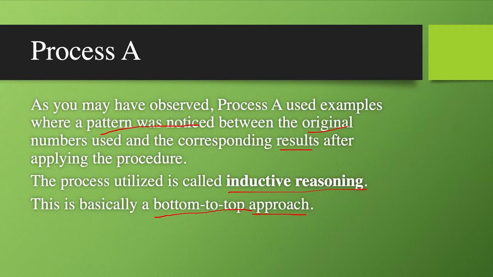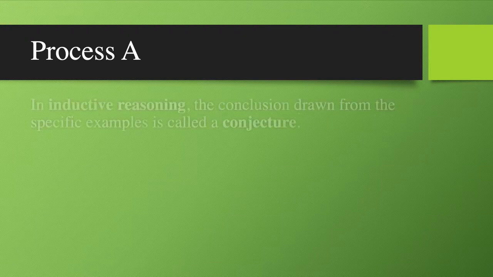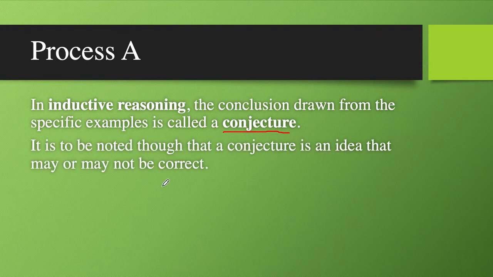Furthermore, in inductive reasoning, the conclusion drawn from the specific examples is what we call a conjecture. It is noted that a conjecture is an idea; it may or may not be correct.